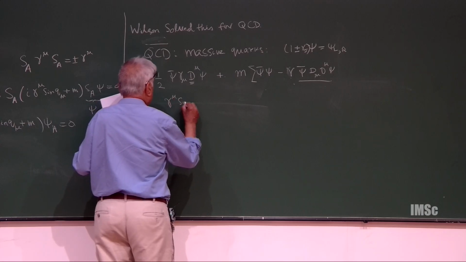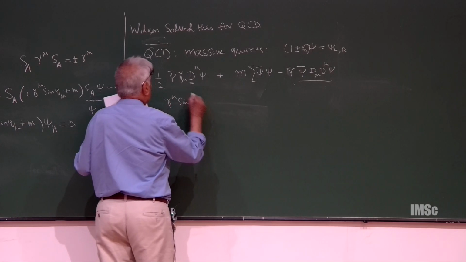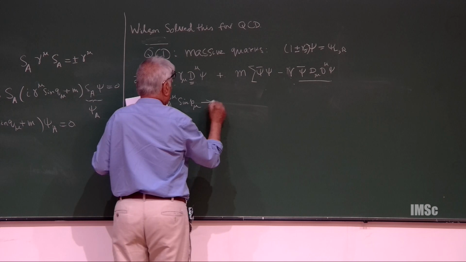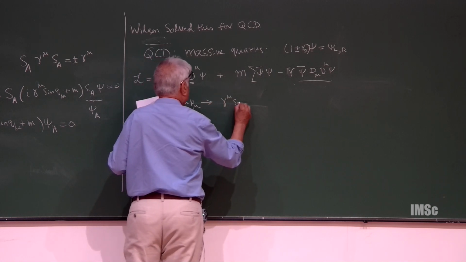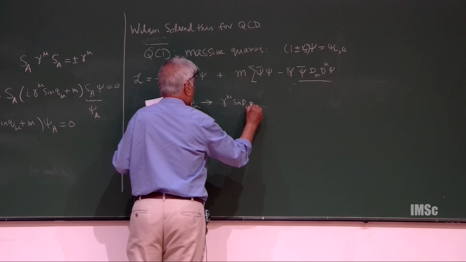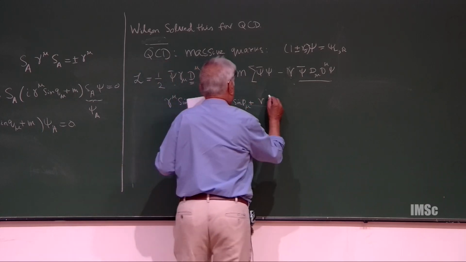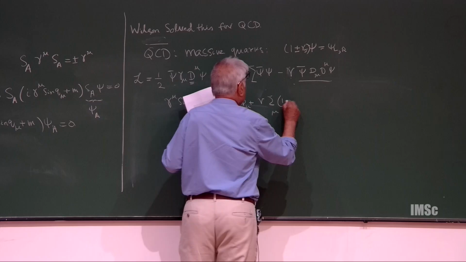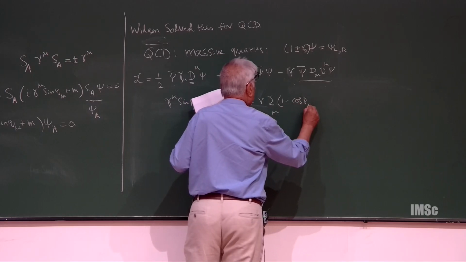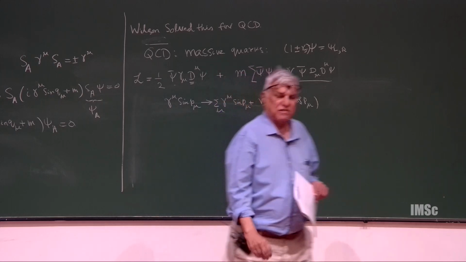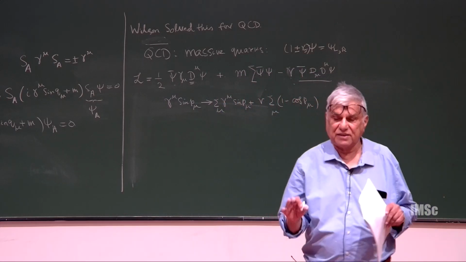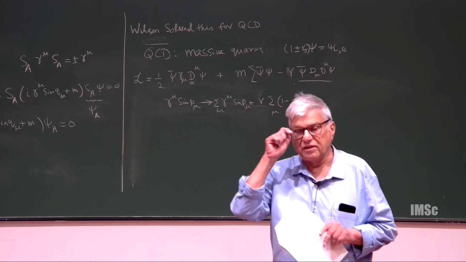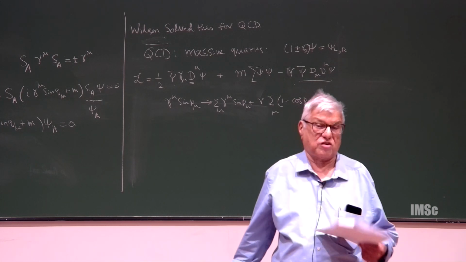We get γ^μ sin p_μ, which is what we get from here, and nothing happens to it, plus r Σ_μ (1 − cos p_μ). Remember I told you for bosonic fields you get 1 minus cos, and that doesn't cause problems. So you add an action piece to the fermions which really looks like that for a boson.